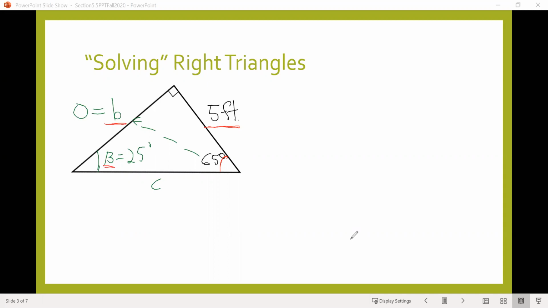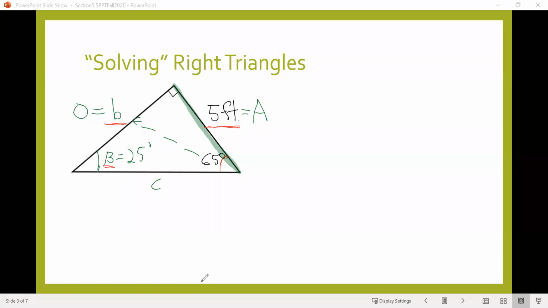And the side of length 5 feet touches the given angle, so it's right next to it. It's also not across from the right angle, so it's not the hypotenuse. That tells us this one must be the adjacent side.